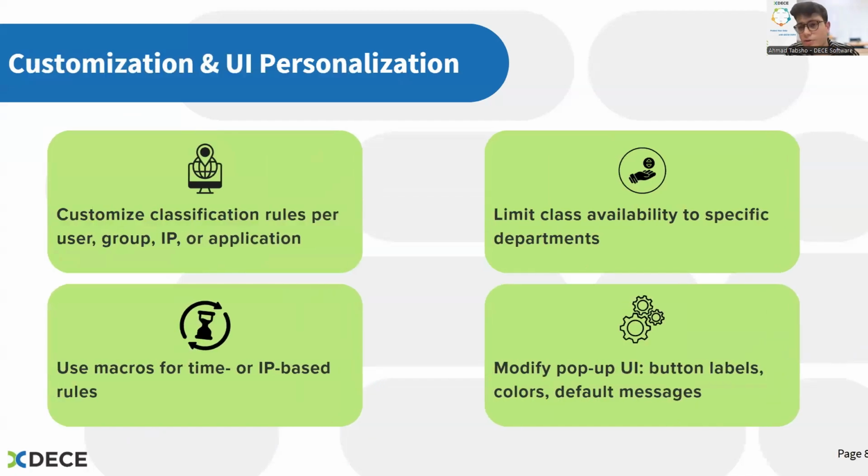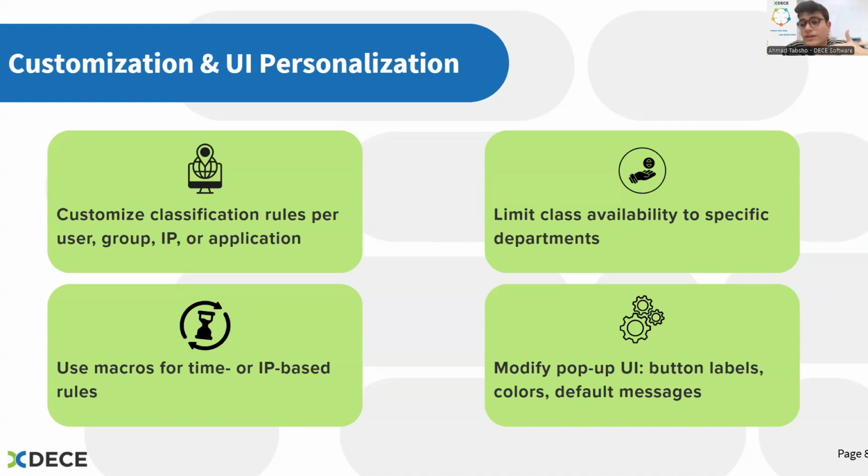The customization and UI personalization, things like customization regarding specific departments or specific people inside the company. For example, I want the managers not to use the classification process, so we can disable the agents or the classification process on the clients of the managers.